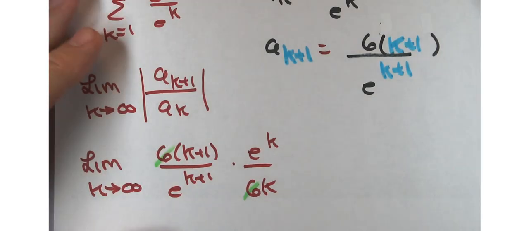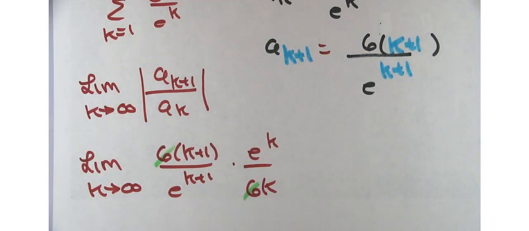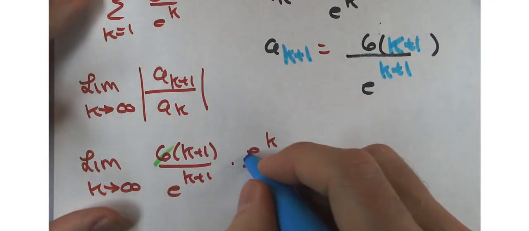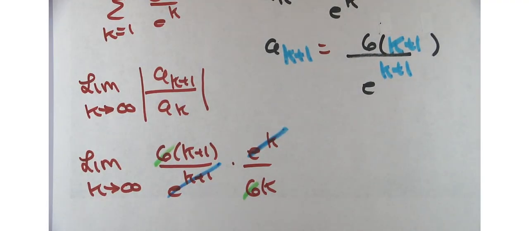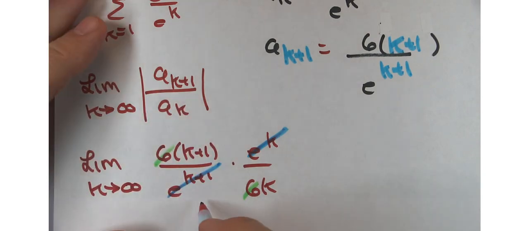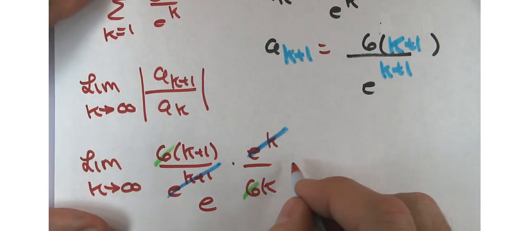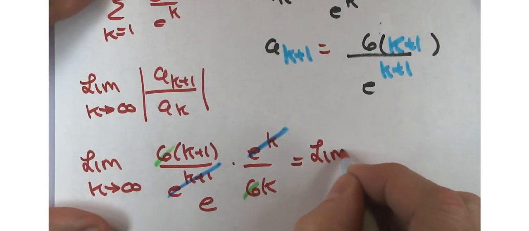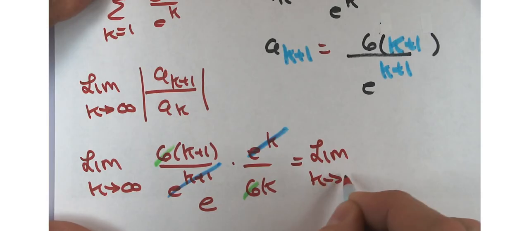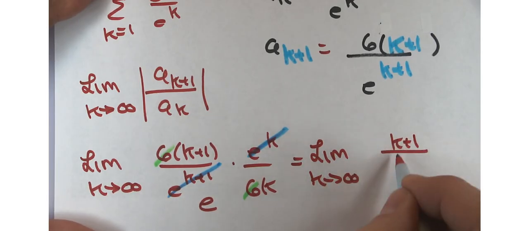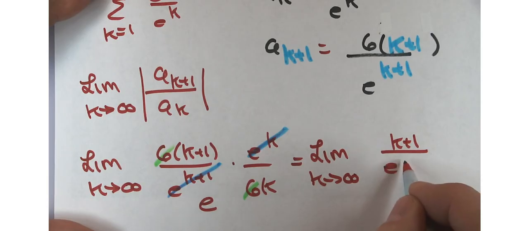So let's cross off our e to the k term here, and let me do it in blue. But that doesn't completely cancel out this. What's left in the denominator here? E. Just 1e, right? So let me just rewrite this. This is the limit as k approaches infinity of k plus 1 over e times k.